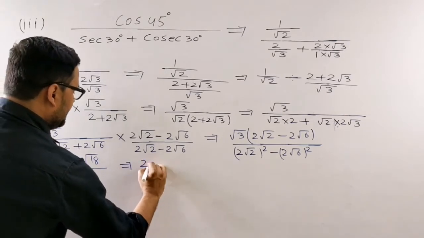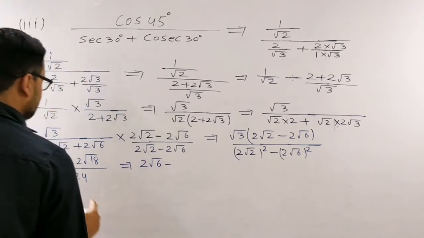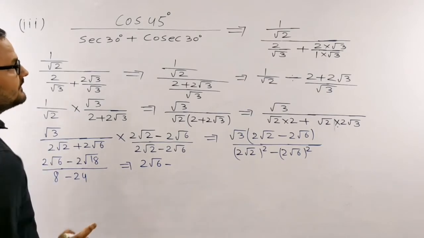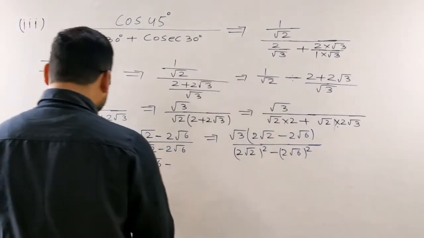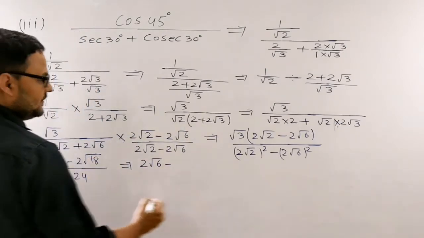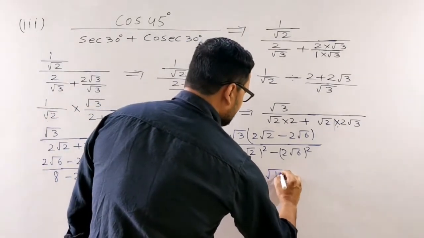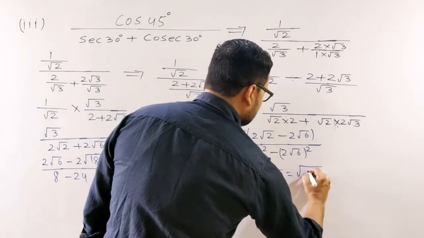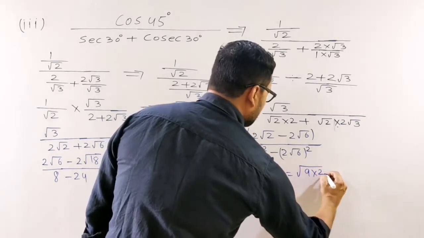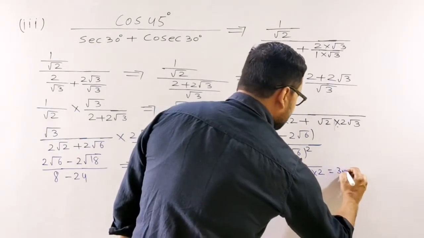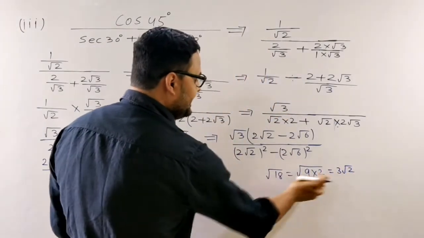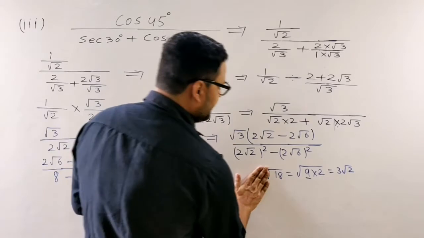Again 2 root 6 minus 2 root 18. Now if we do some rough work, root 18, I can write it as 9 into 2. For 9, 3 will come out. So I can also write it as 3 root 2. So root 18 equals 3 root 2.